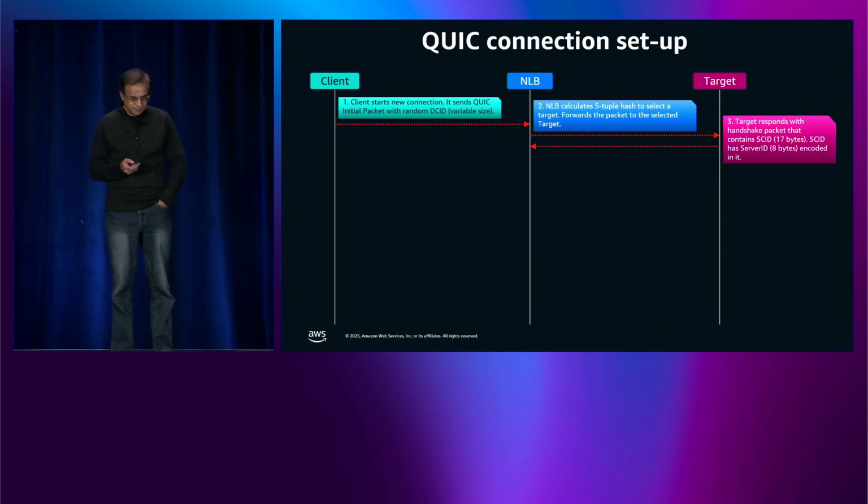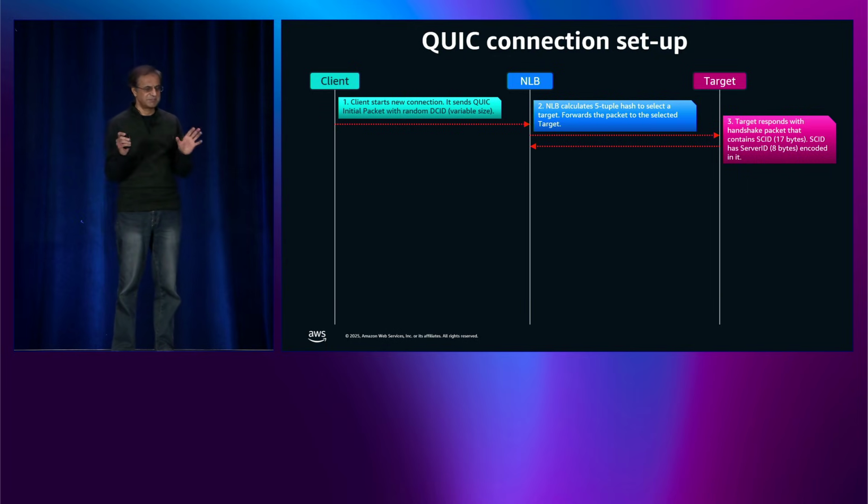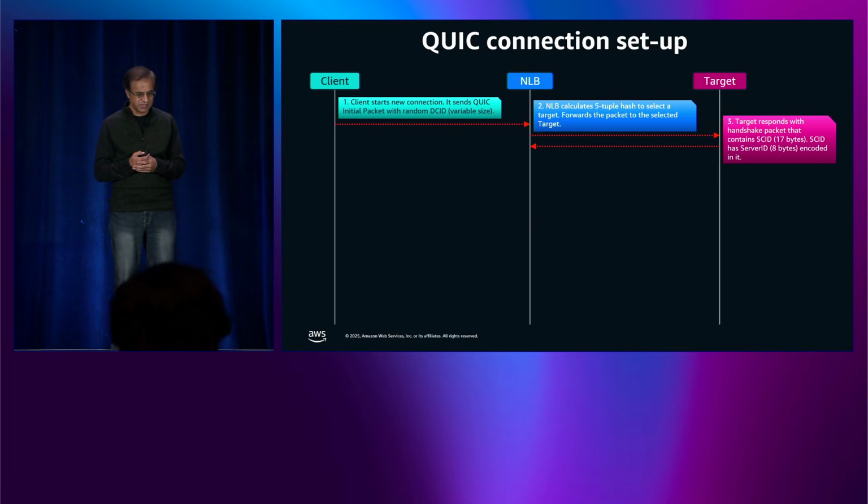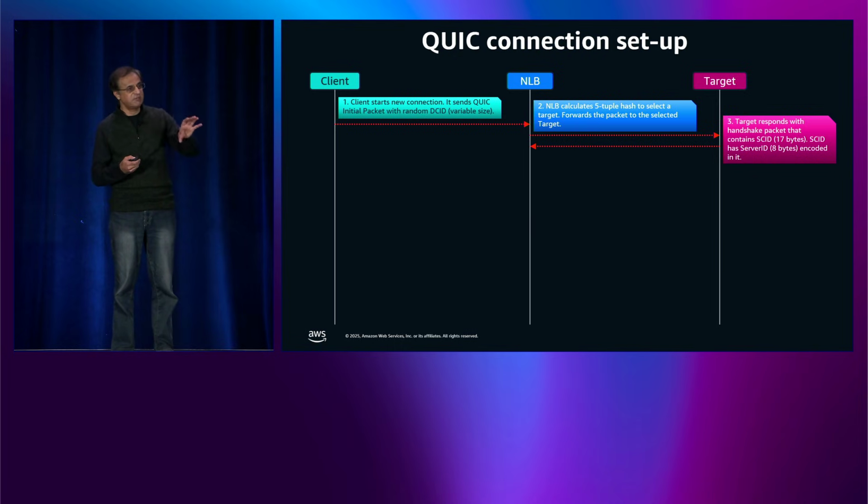Now the target responds with a handshake packet and responds with an SCID, or a source connection ID. It is a 17-byte connection ID, and this might be too much detail, but this is a 300-level presentation, so I know some of you may appreciate the details. Within those 17 bytes, you also have something called a server ID that is 8 bytes.